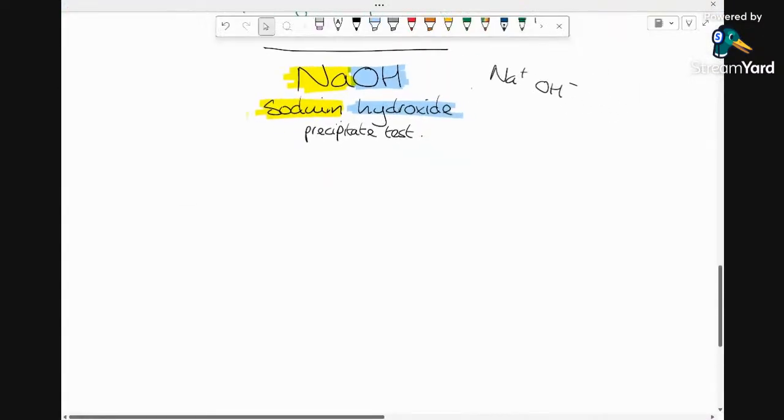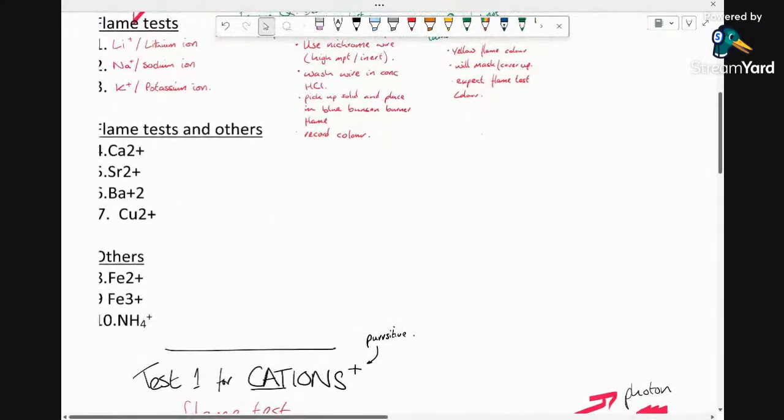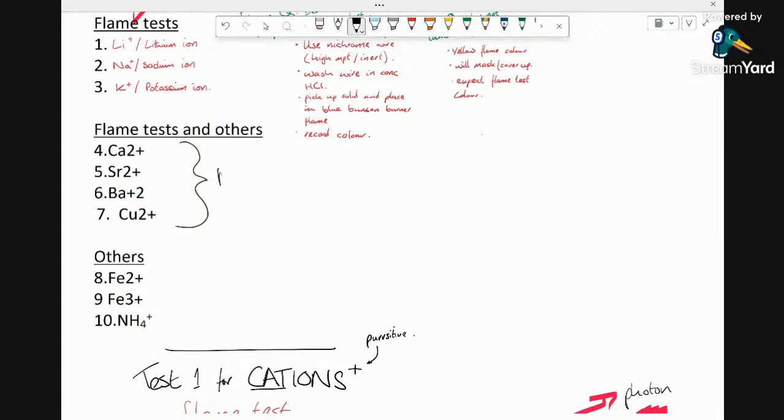Okay, so the sodium hydroxide test is used for a variety of substances, including all 7 of these. So we can actually say that these ones here can be tested for, got to be careful. This isn't true. I should have put this in order.